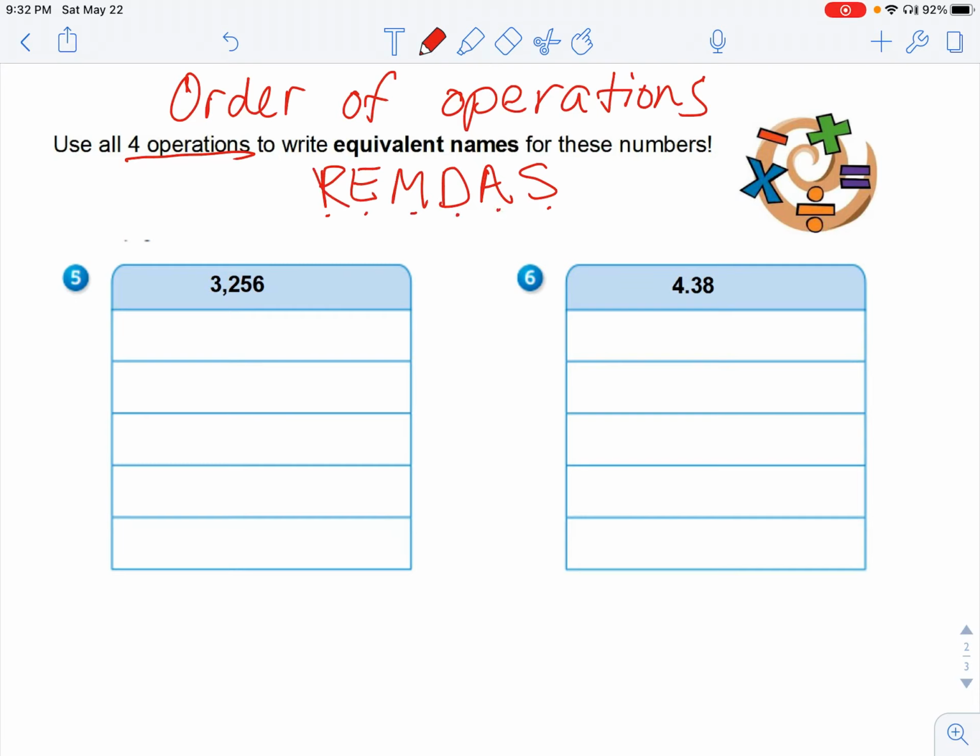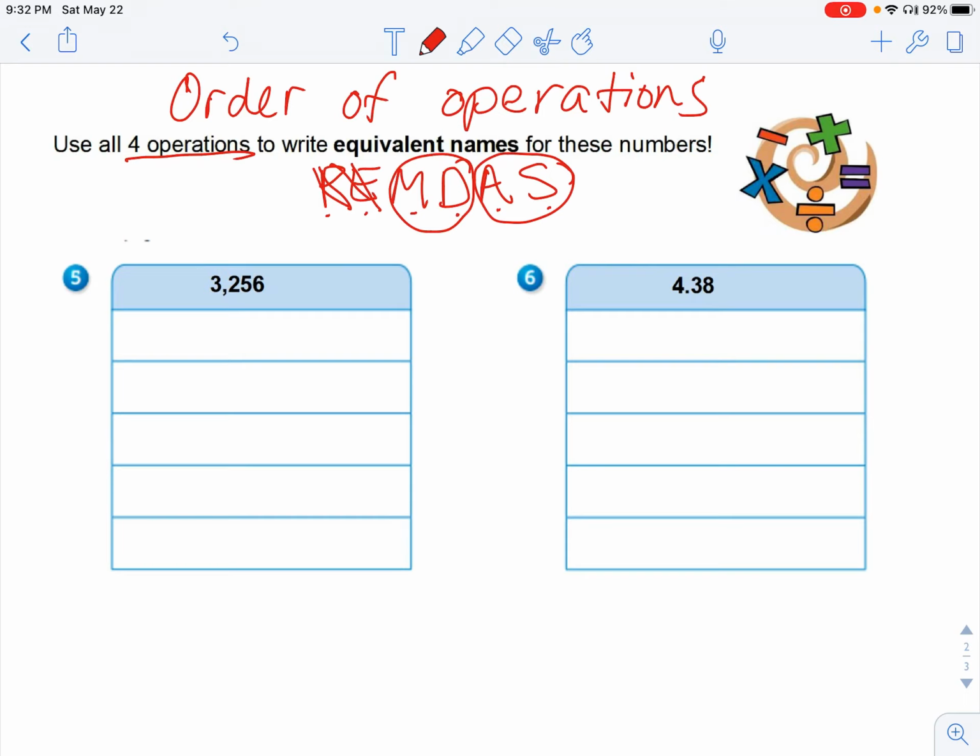Now the parentheses and exponents I don't want you to worry too much about this year. In 4th grade, we're not going to focus on those. But you need to know that multiplication and division come before addition and subtraction whenever you're solving a problem. So I'm going to apply the order of operations as I work today.